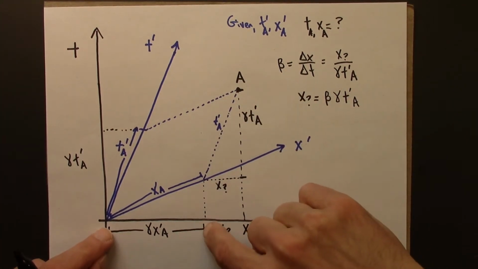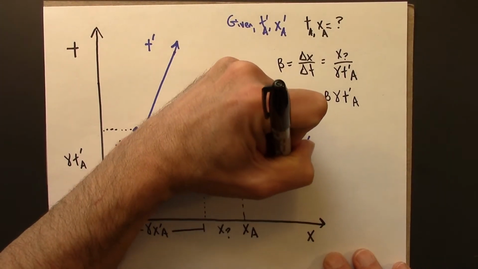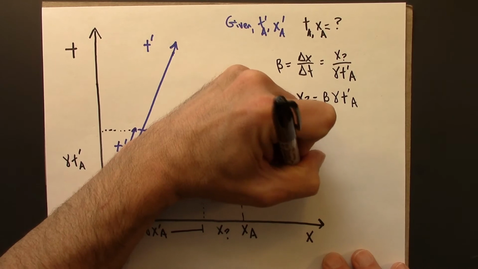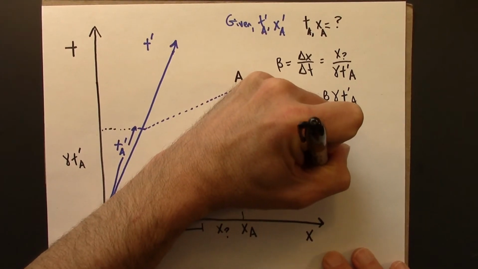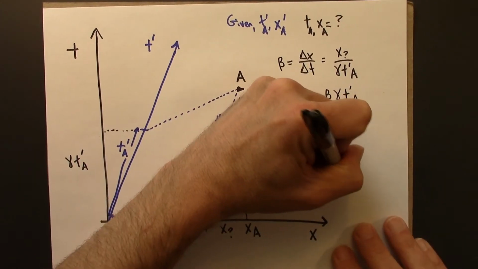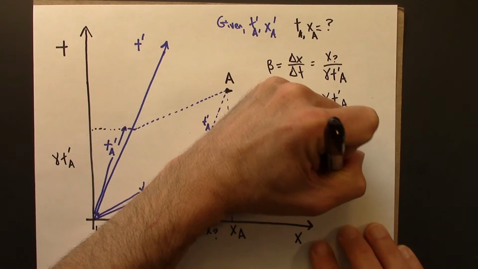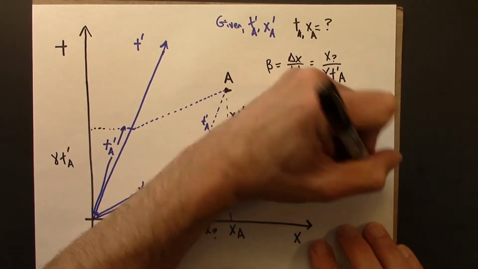And it's just this plus that. So I guess I'll write this here. So x_A is gamma x prime A plus beta gamma t prime A.